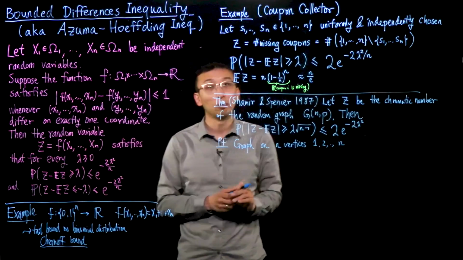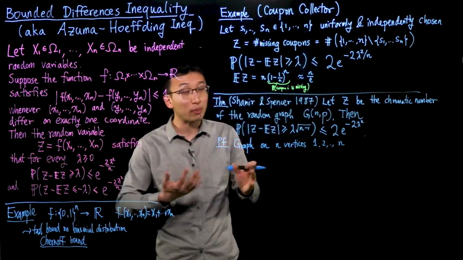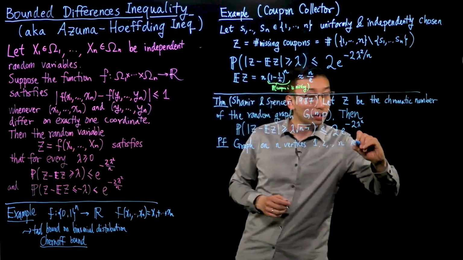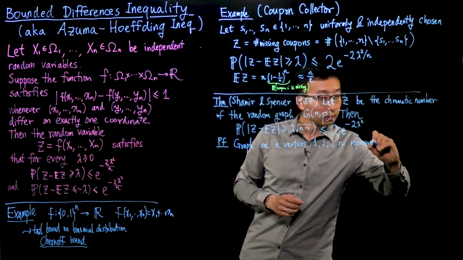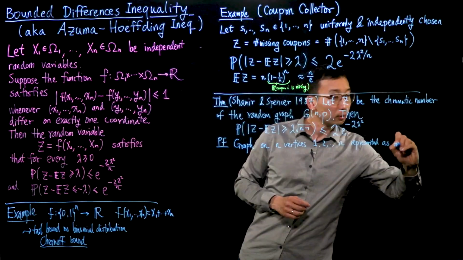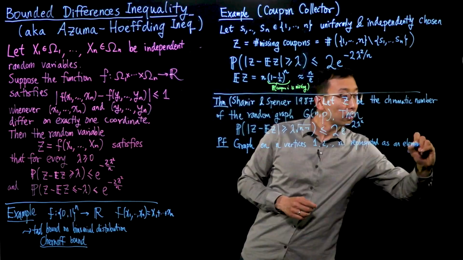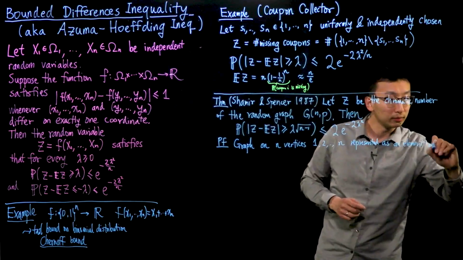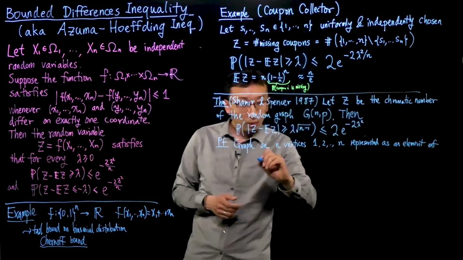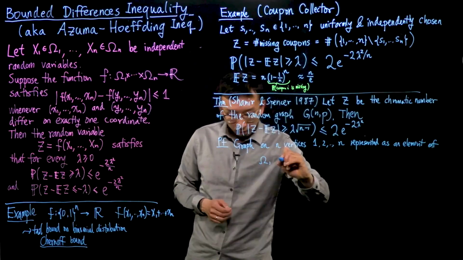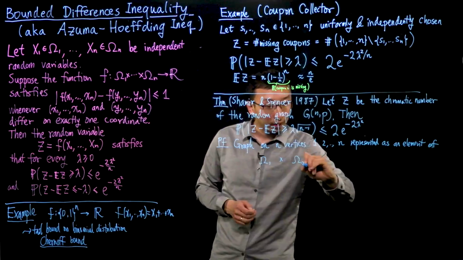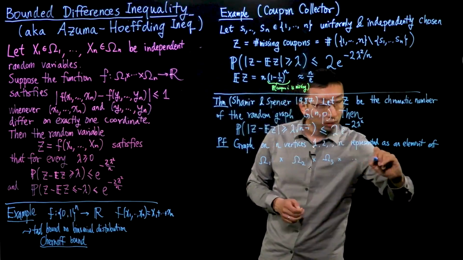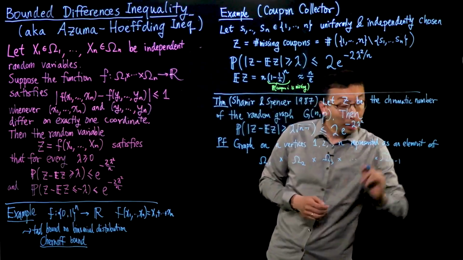And this graph, which has some edges, we'll need to represent these edges as an element of the following product set: Omega 1 times Omega 2, so these are Cartesian products, times Omega 3, and so on, to Omega n minus 1.